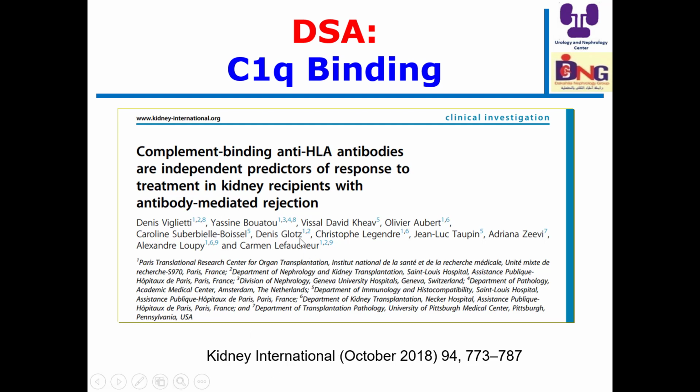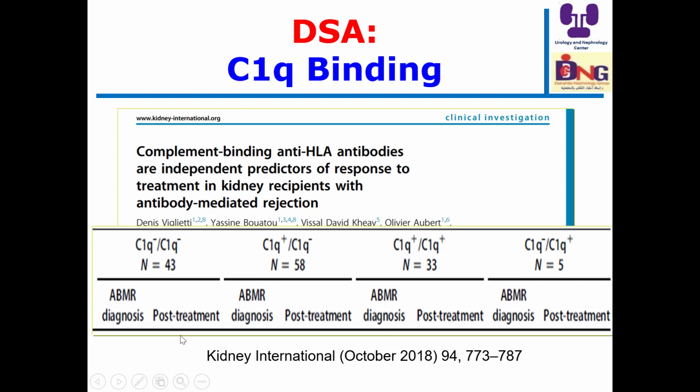Let us go to this very interesting study that is published in the current issue of Kidney International. Here, this is very interesting. They look at antibody-mediated rejection. Okay, so at the time of rejection, they tested the blood for the presence of donor-specific antibodies. Not only this, but also they determined if these antibodies have complement C1q binding capabilities or not.